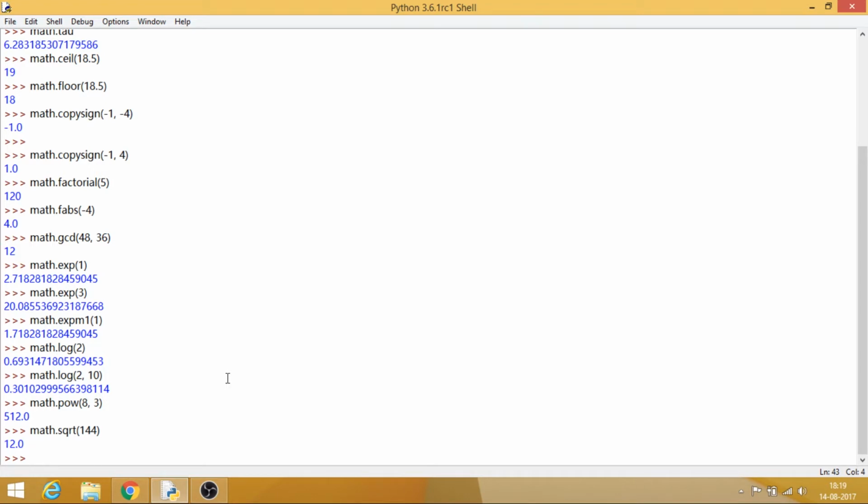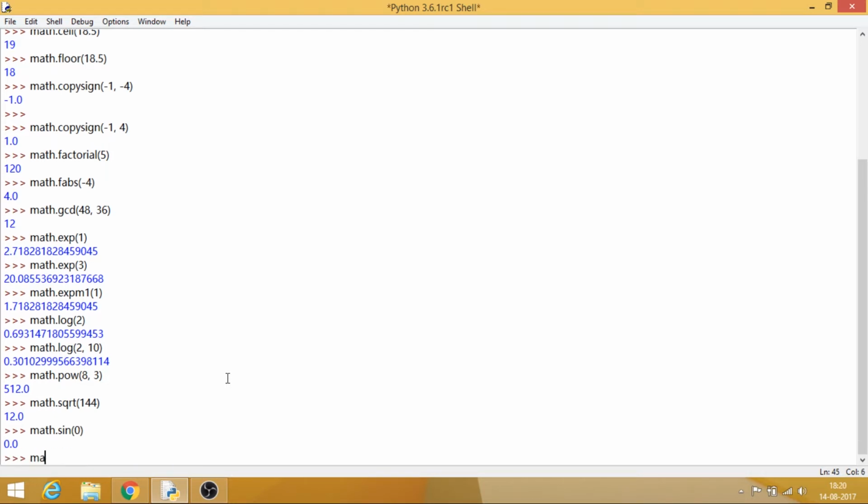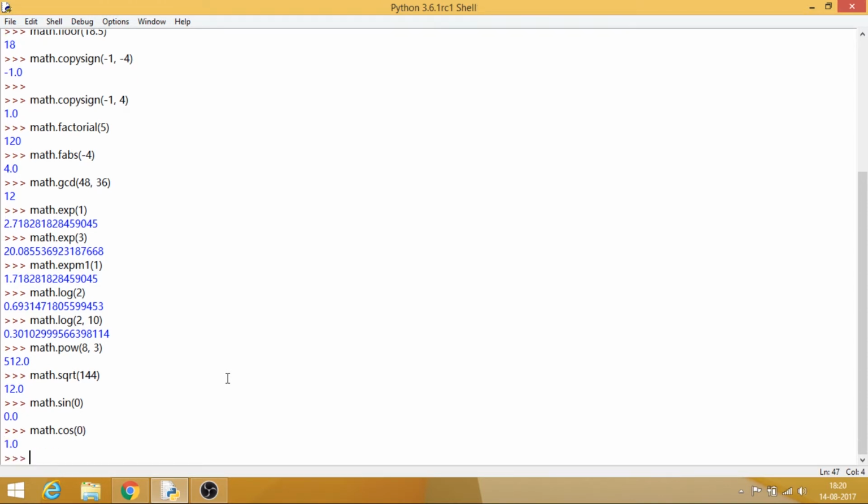Now it will compute the value of the trigonometric functions. So let's say sine 0 is 0. In the same manner, we can enter any number over here, and cos 0 is 1. Yeah, it works.